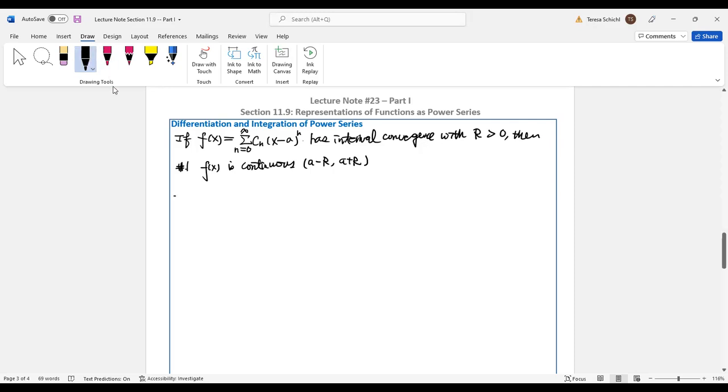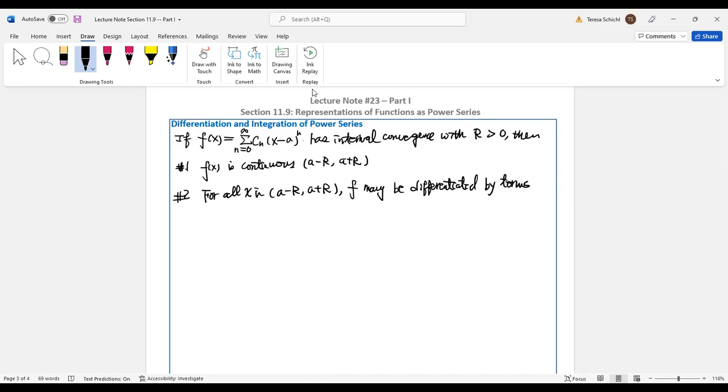The second one: for all x in this interval, from a minus R to a plus R, f may be differentiated term by term.